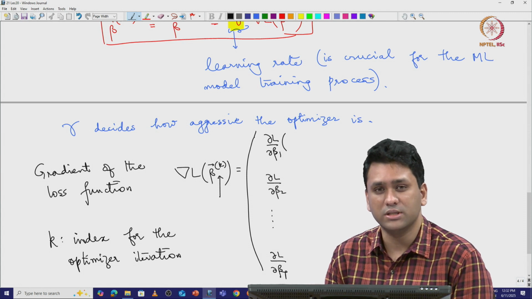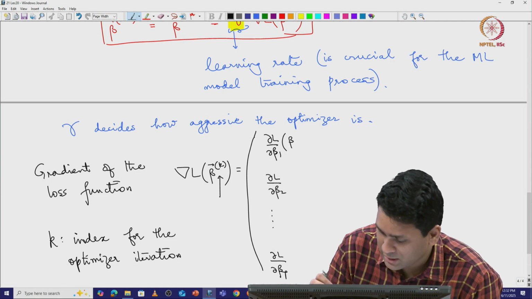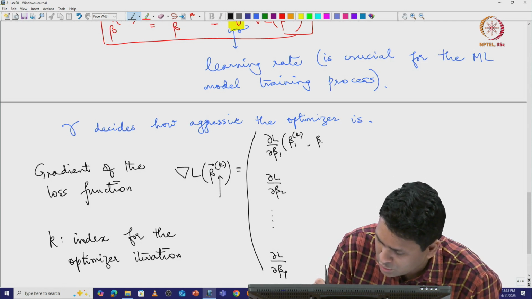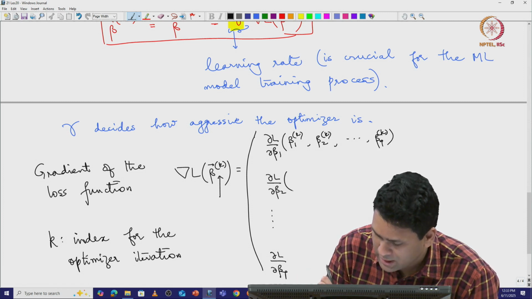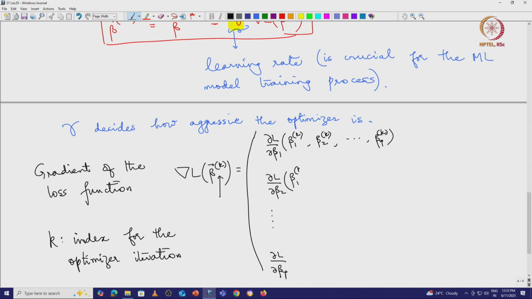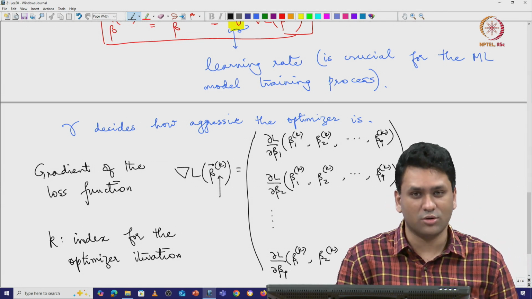So we have to compute this at the point beta 1 k, beta 2 k, all the way up to beta p k, and similarly the other partial derivatives have also to be computed at the same values of beta 1, beta 2 all the way up to beta p. I hope this clarifies how the gradient of the loss function is obtained.